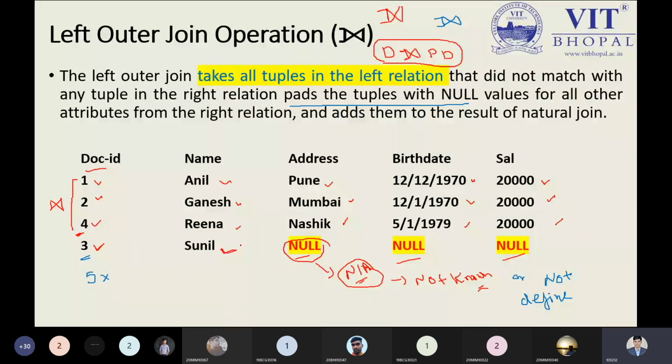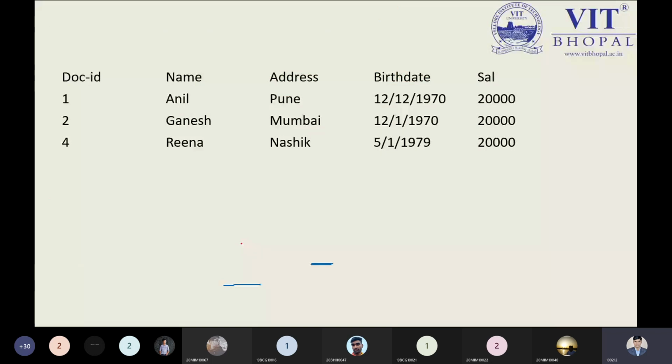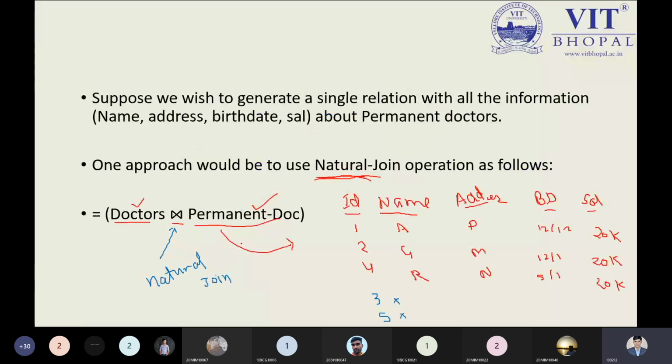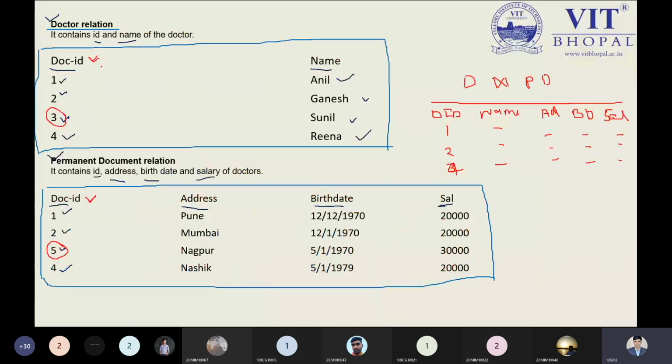But in the relation doctor, address, birth date, and salary do not exist. These attributes are not part of this relation. So what value do we have to fill? We can't leave it empty, and we can't write any name. Technically, we have to write something, so we use null. Null is saying that the value is not defined for that particular column or domain. That is the reason we are not putting any values here.